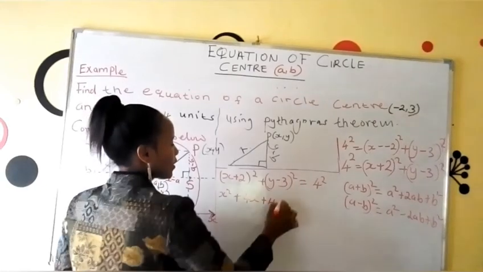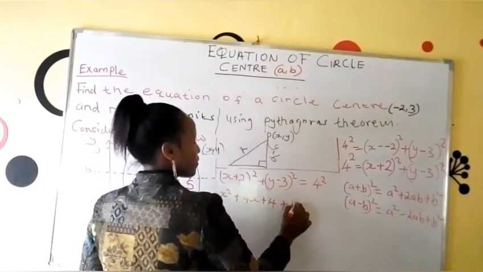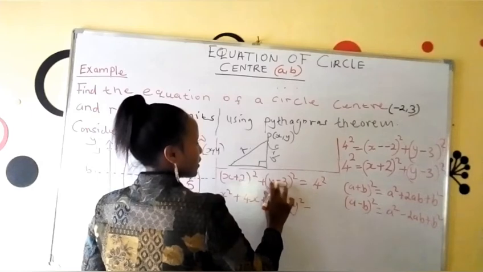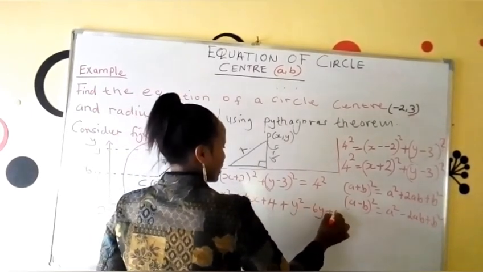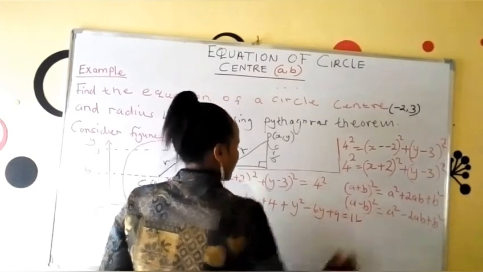When you square that, and we shall have, this is the same, y squared minus 6y plus 9 is equal to 16.